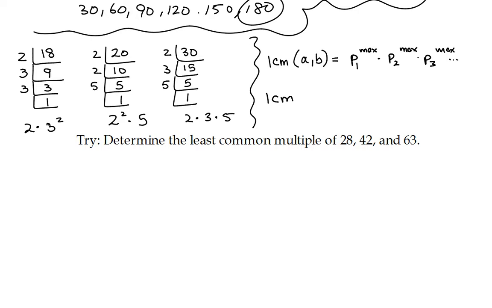2, 3, and 5. So for the LCM of 18, 20, and 30, it's all the common primes to the maximum power. So what's the maximum power for 2?